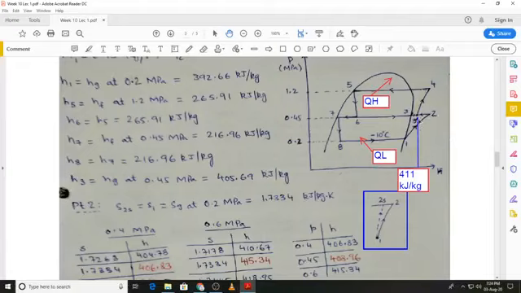Once we have located state point 3 prime, we can find out the entropy at state 3 prime, and then again repeat the process of compression from state 3 prime to state 4.